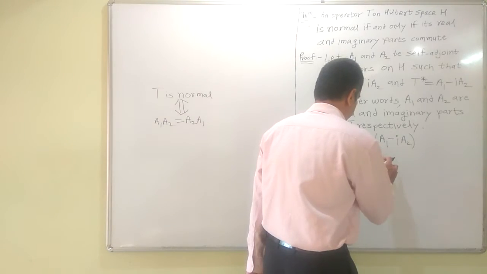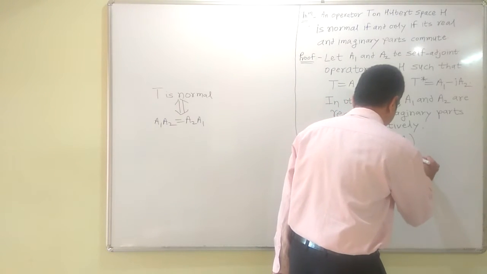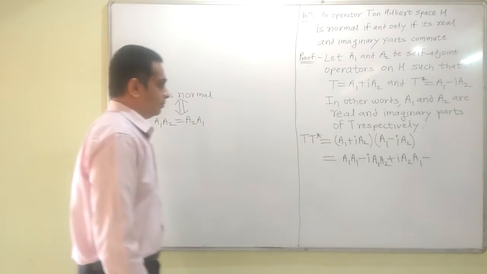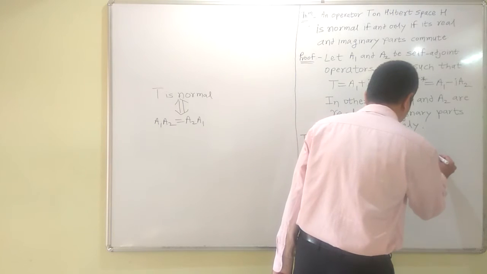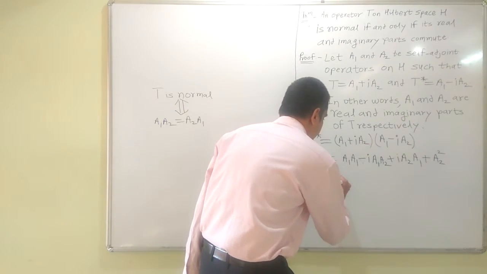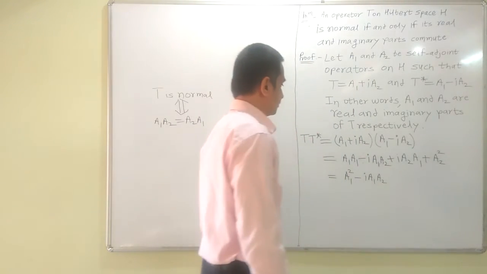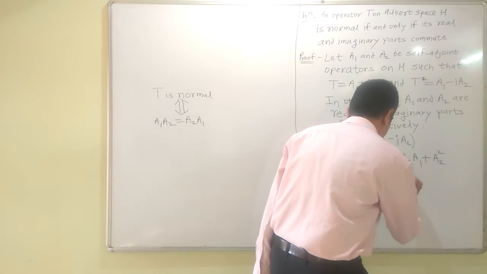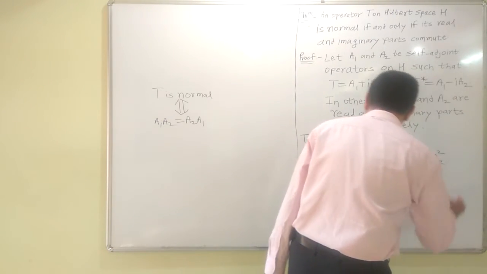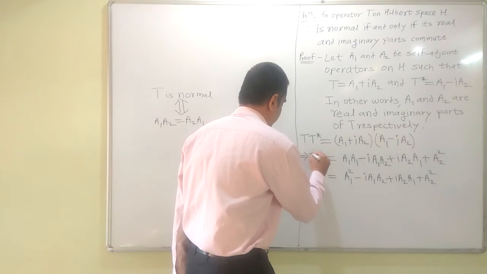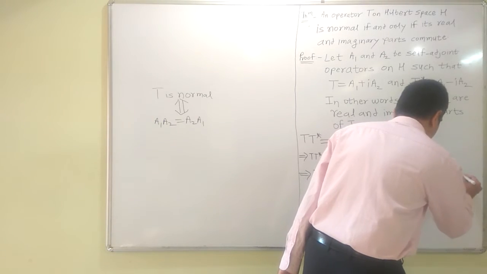A1 squared minus i A1 A2 plus i A2 A1, and plus i into minus i becomes minus i squared, which becomes plus A2 squared. So T T star is equal to A1 squared minus i A1 A2 plus i A2 A1 plus A2 squared. Let me call this the first statement.